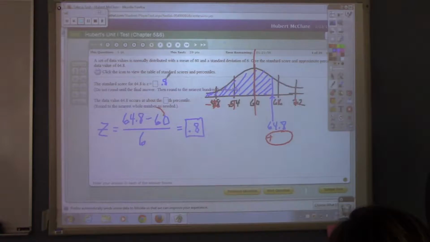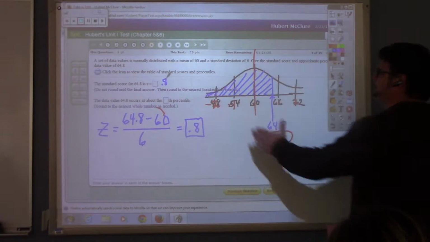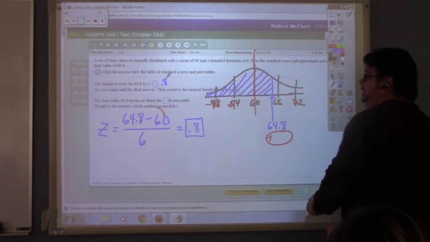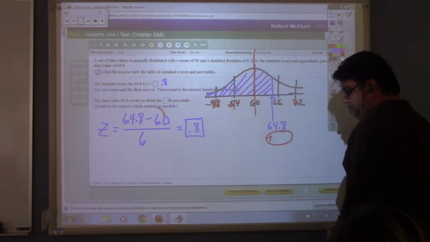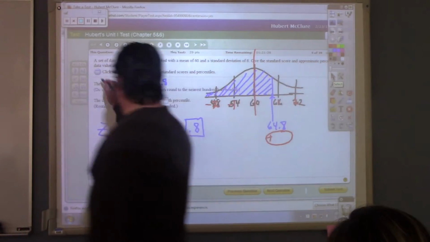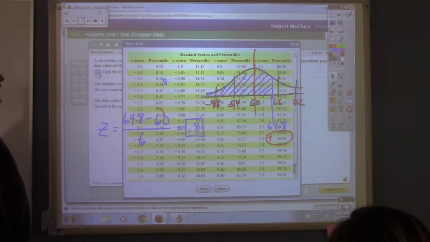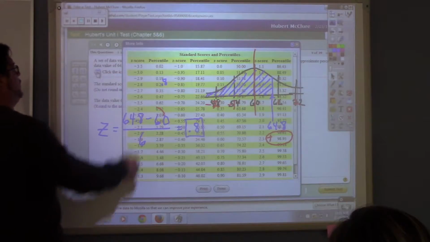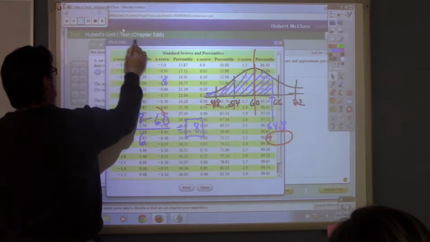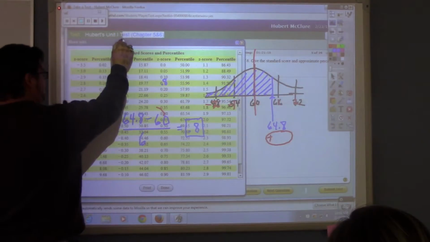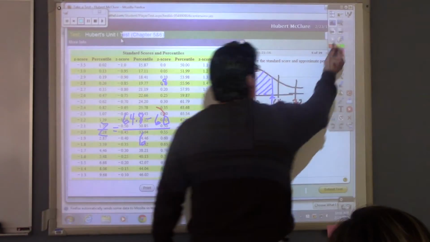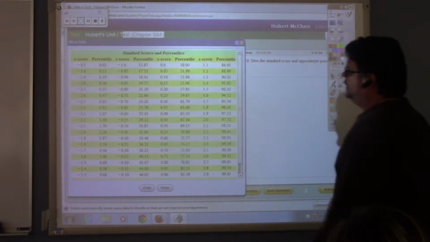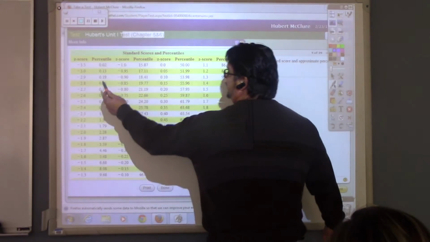And now they want to know what percentile. What percent represents the blue hatch marks right here? Well, you've got to pull up your handy-dandy table. There's your handy-dandy table. Well, what's our z-score? So you find 0.8. Here's the z-score.